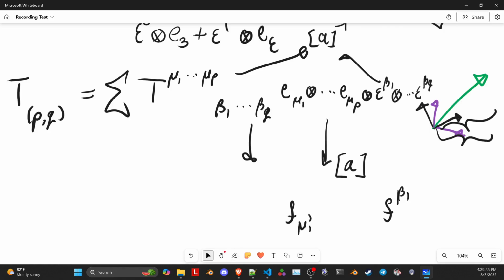But we'll say prime to show that these indices are different, because there'll be a copy of A taking E mu1 to F mu1 prime, where an A has to have opposite indices now. Upper mu1, lower mu1 prime. And so the indices match the vectors they transform on.